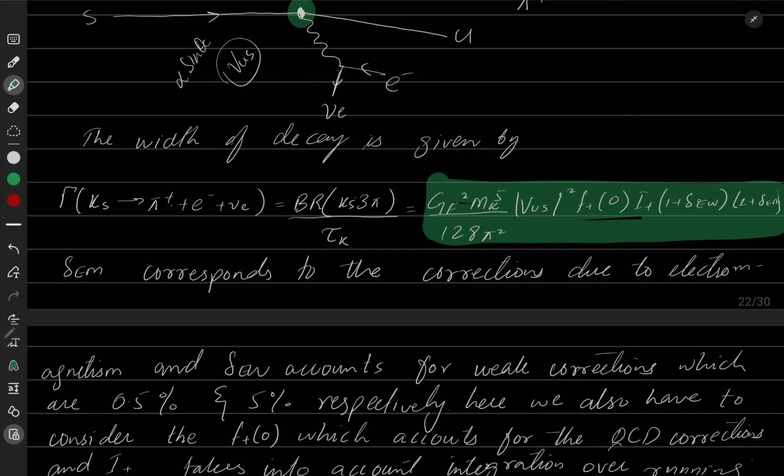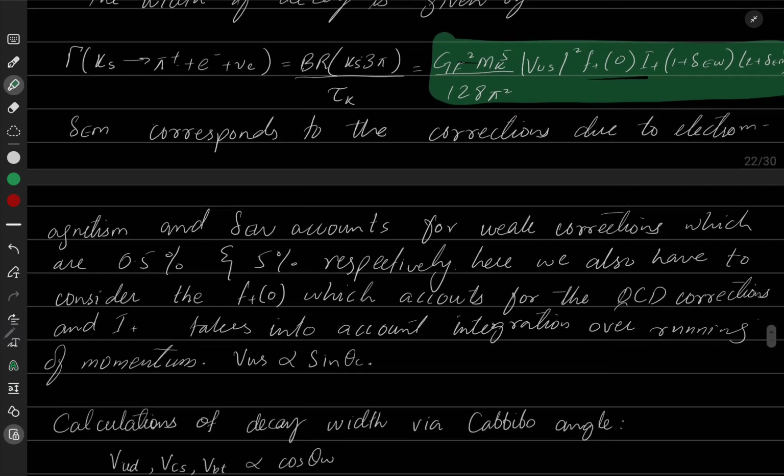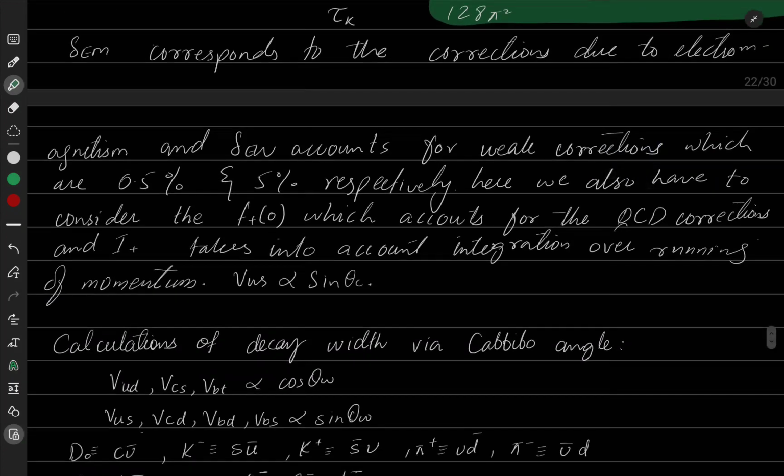Here we also include the delta EW, the electroweak corrections, and also the electromagnetic corrections. The electromagnetic corrections in this process are about 0.5%, and the electroweak corrections are around 5%. And the I plus parameter here accounts for integration over the running of momenta, and this parameter is proportional to sine of theta C, and this is Cabibbo suppressed.